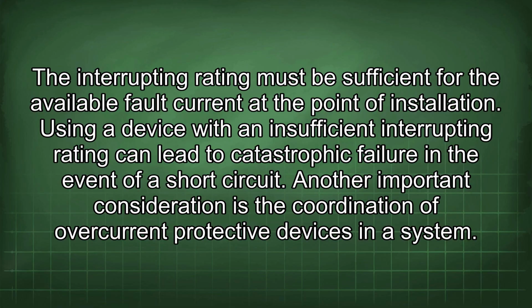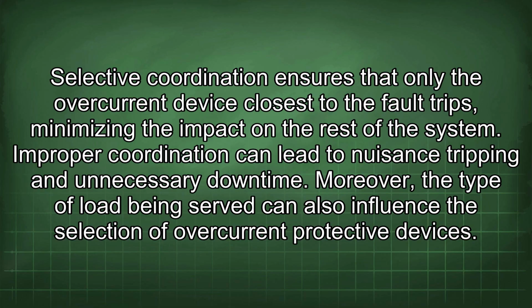Another important consideration is the coordination of overcurrent protective devices in a system. Selective coordination ensures that only the overcurrent device closest to the fault trips, minimizing the impact on the rest of the system. Improper coordination can lead to nuisance tripping and unnecessary downtime.